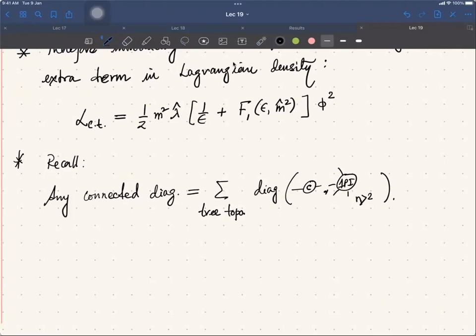In all these vertices, you will have only the 4-point vertex at order lambda, and that is non-divergent. So there is no divergence at order lambda in the 1PI higher point vertices. And we just rendered the 2-point connected function finite. Therefore the theory has been rendered finite at order lambda.